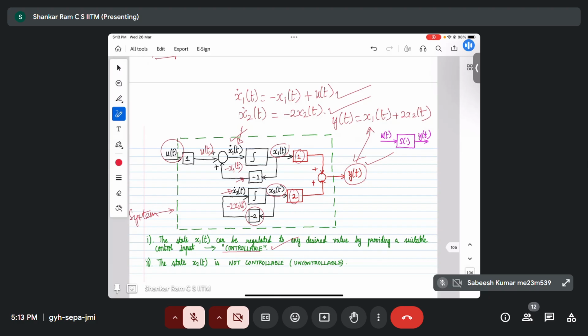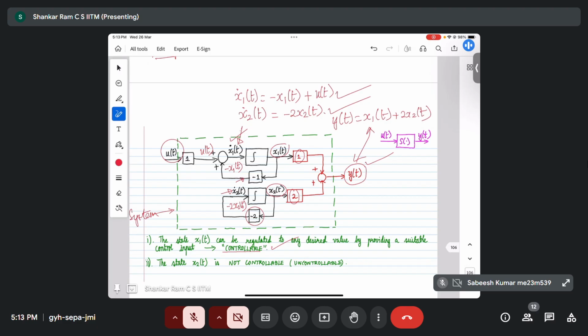So why is it called controllable? Because by adjusting the input u, we can essentially regulate the value of x1 to whichever value we want. That is why it is called a controllable state. So that is point one.